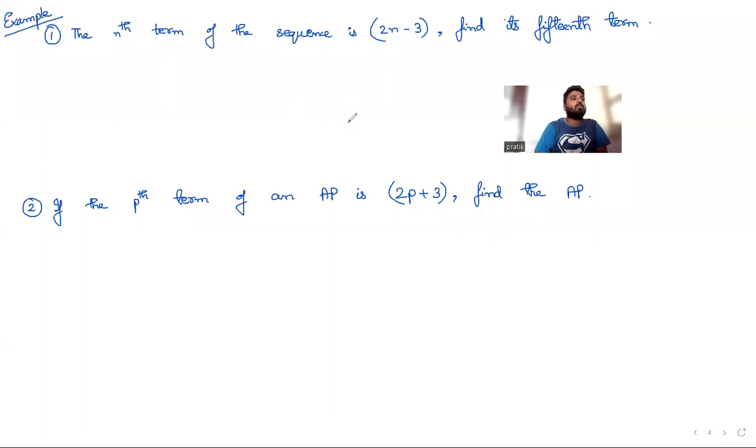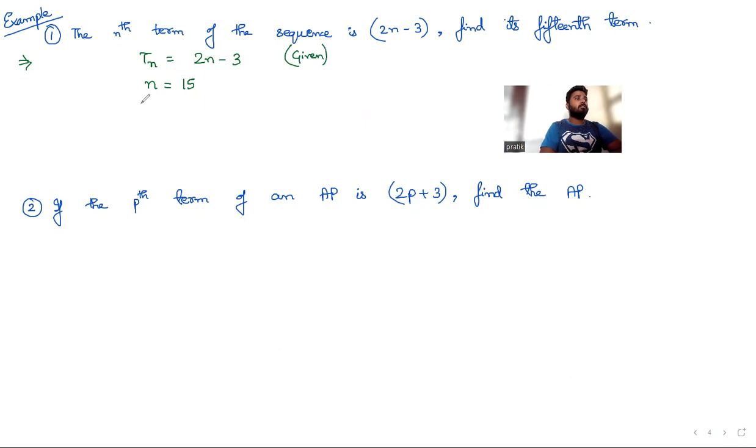Let's just try to do some questions of these examples. All right. So the very first one states that the nth term of the sequence is given in this format. That is, Tn is given to you as 2n minus 3. All right. And I have to find the 15th term, that is n equals 15. So I'll have to substitute the value.